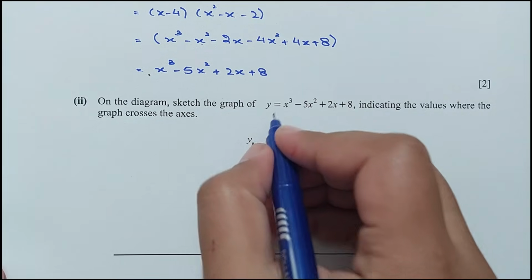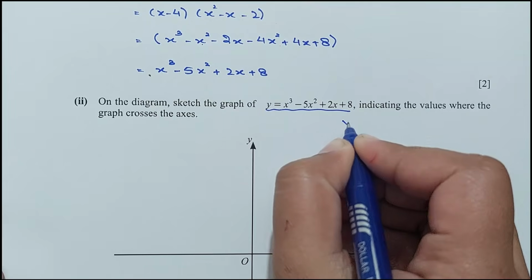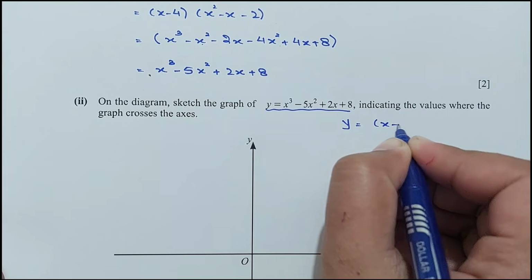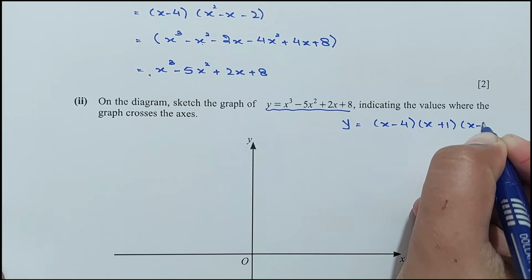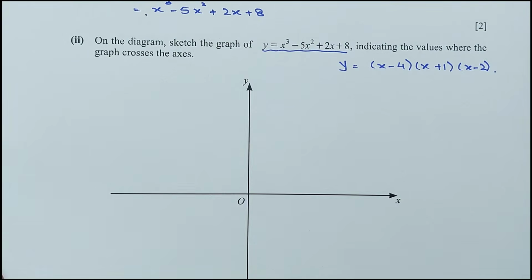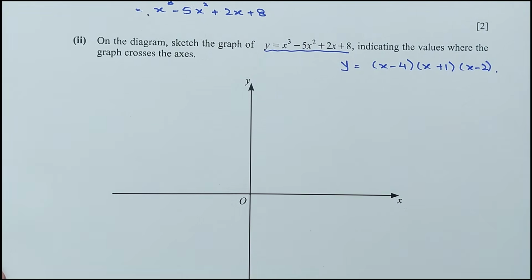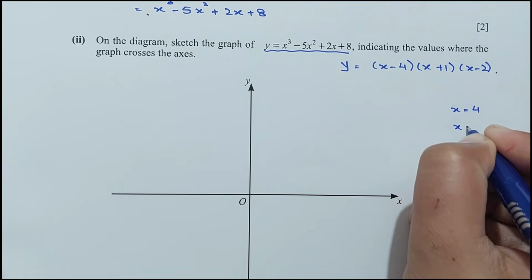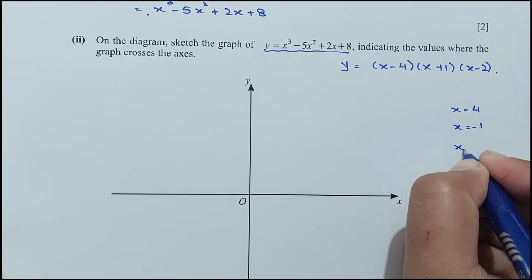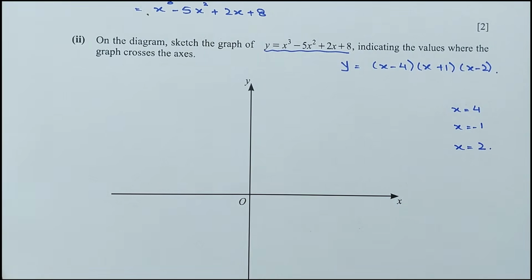Okay, so let me use its factored form we have been given, which is x minus 4, x plus 1 and x minus 2. Right, so the x-intercepts are x equals 4, x equals negative 1, and x equals 2. These are the x-intercepts.